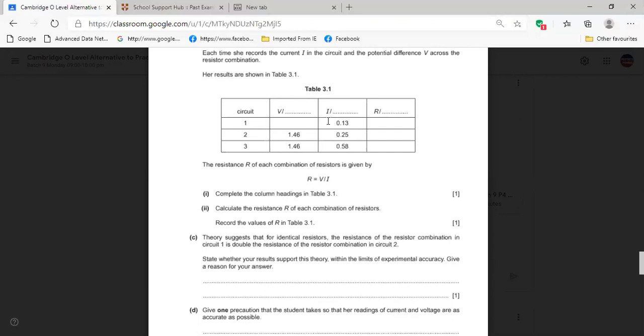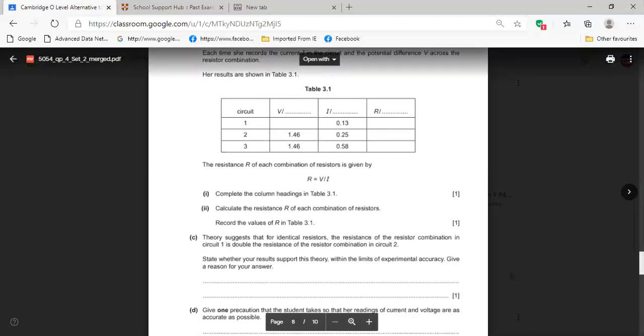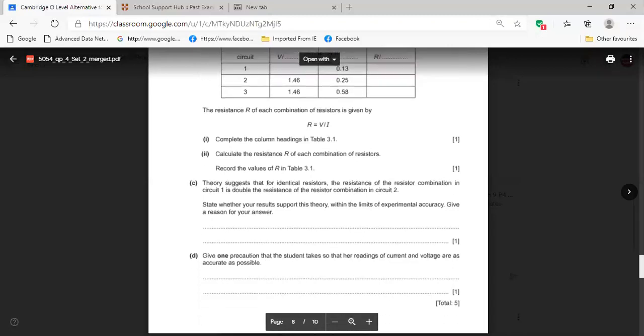Is it clear, everyone? So write this precaution, everyone. Keep your earlier one, don't remove it, and beside that one, write this one.